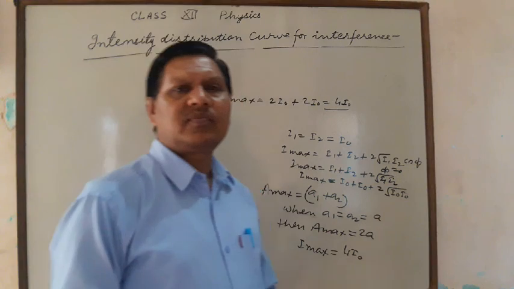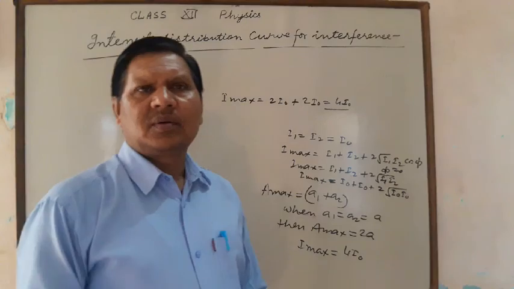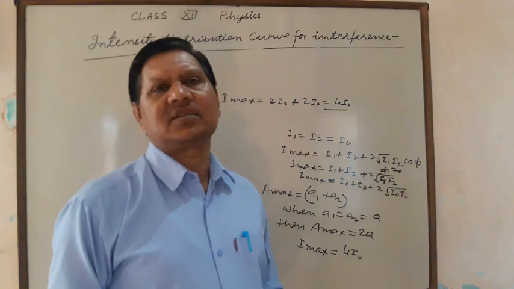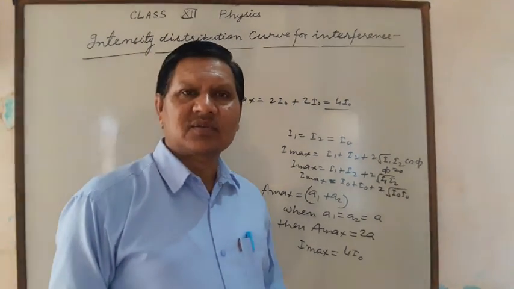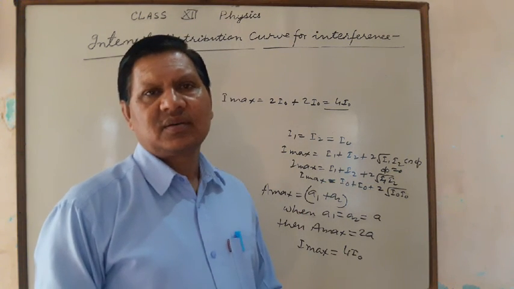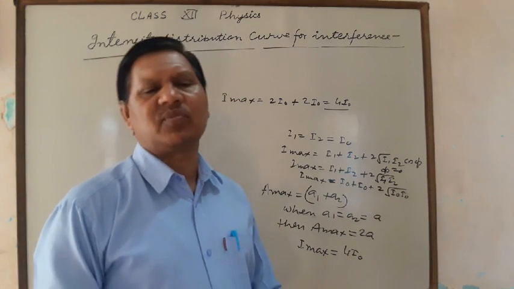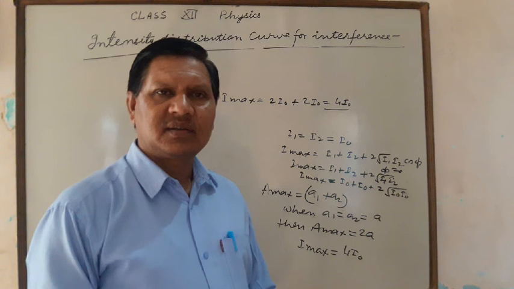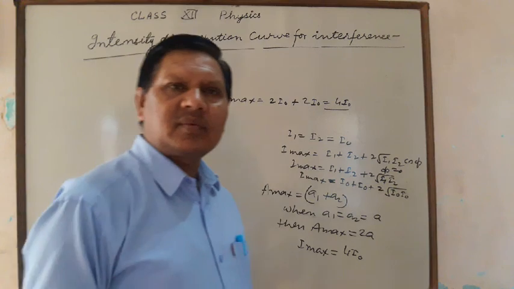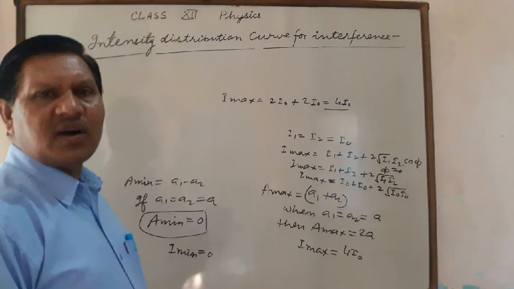Energy is not destroyed at the points where intensity becomes minimum, but energy is transferred from the minimum intensity point to the maximum intensity point. So we can say that energy is conserved. That is, the interference phenomenon is based on conservation of energy.